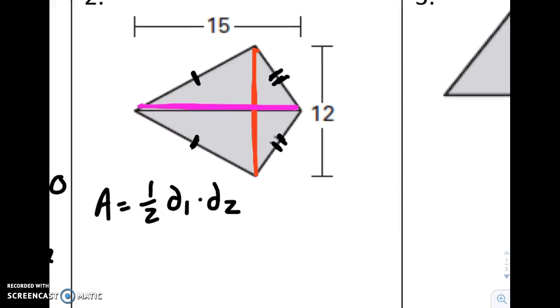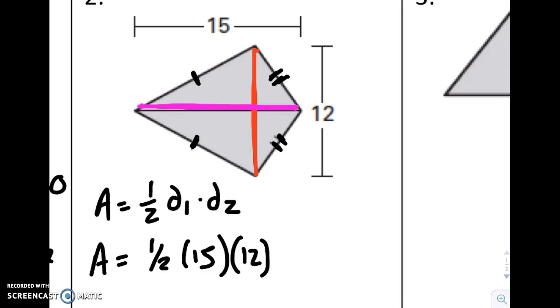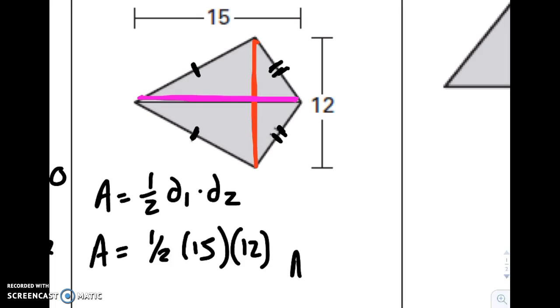So the pink diagonal is a length of 15, so the area equals 1/2 15 times the other diagonal, which is going to be 12. And typing that all into our calculator, area equals 90. And again, we don't have units, so we're just going to say square units here.